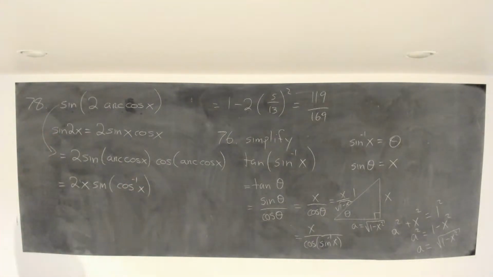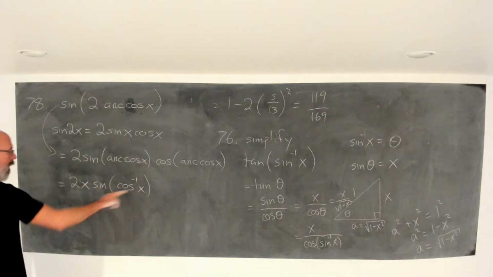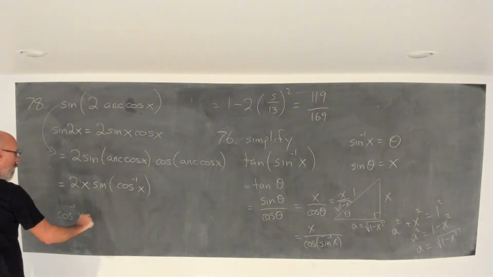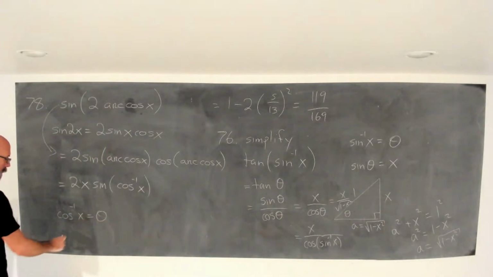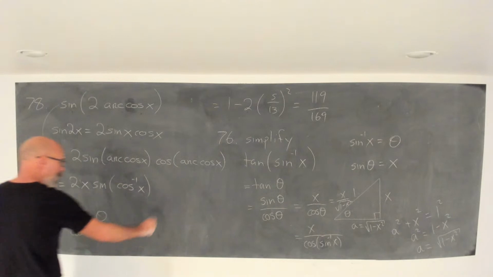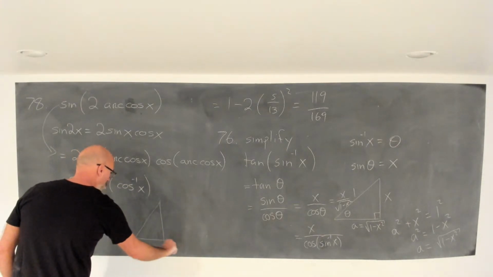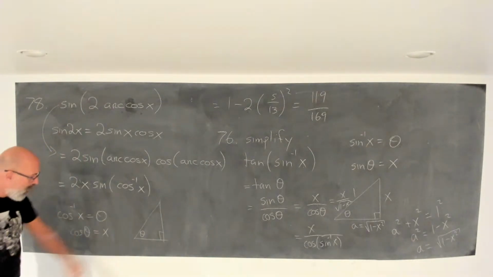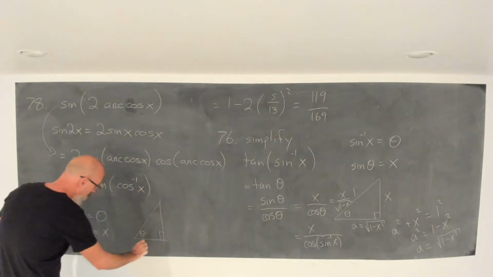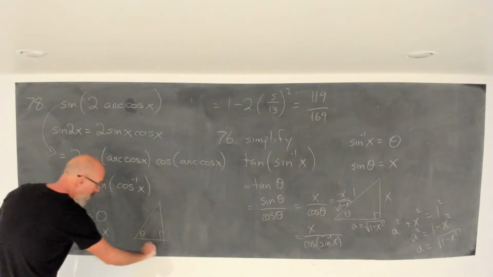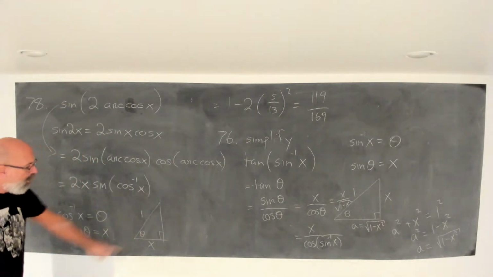sine of arc cos. And let's work this out. We don't know what that is, so let's give it a name. Arc cos, let's call it theta, and this is equivalent to cosine of theta equal to x. Let's draw a right angle triangle. And if cosine of theta is equal to x, cosine is adjacent over hypotenuse, x over 1.